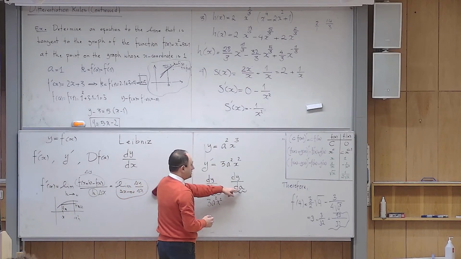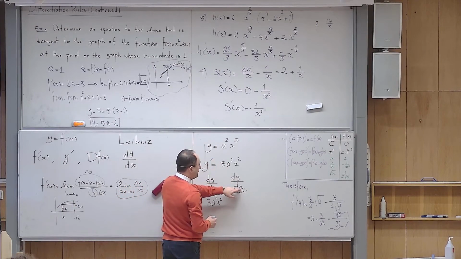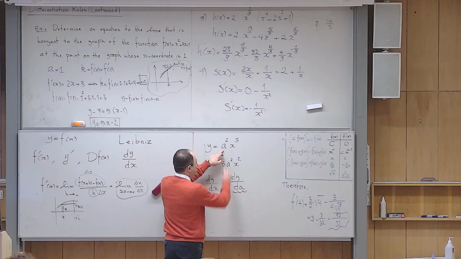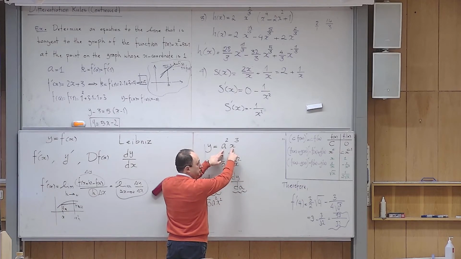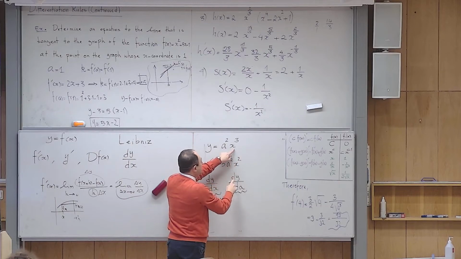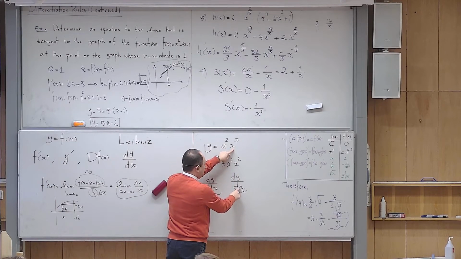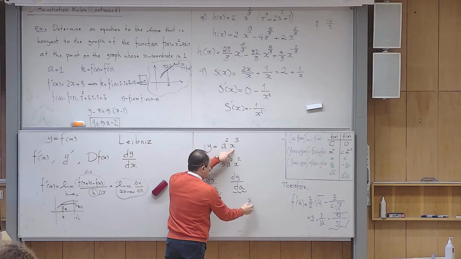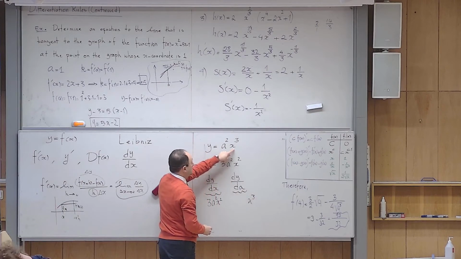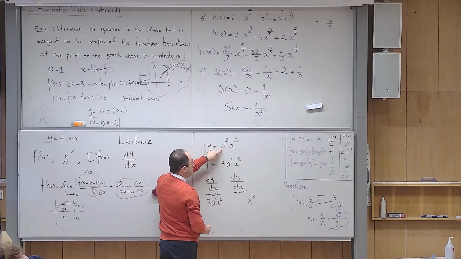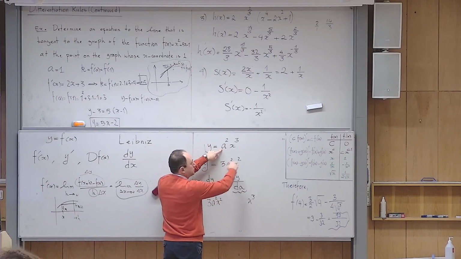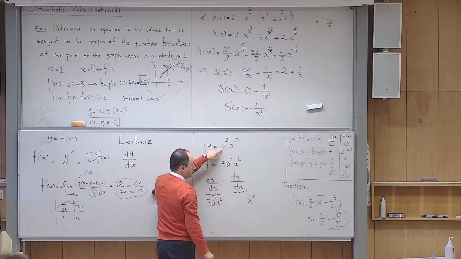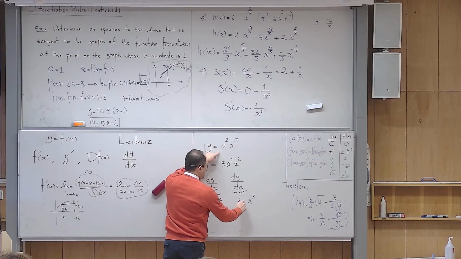This emphasizes that no, the variable is a. It means the other letter should be considered constant. So then this is a multiplicative constant. When I want to calculate this, I will not touch it. But then I take the derivative of this one as if a is playing the role of that x in my table. So 2 goes down, a.